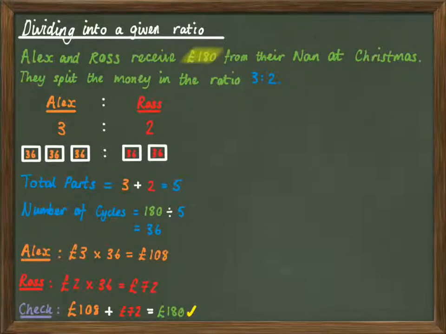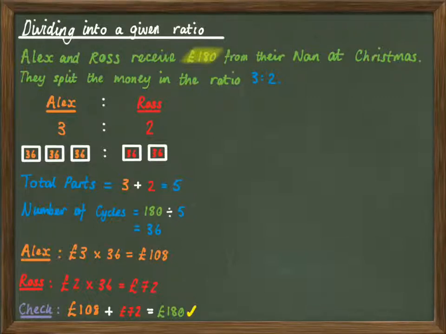Now if that didn't come to 180, say it was 150, that would mean I've used up money I don't have, or if it came to more than 180, it would mean I've used up more money than I had in the first place. So it has to always total back to whatever the figure is in the question.